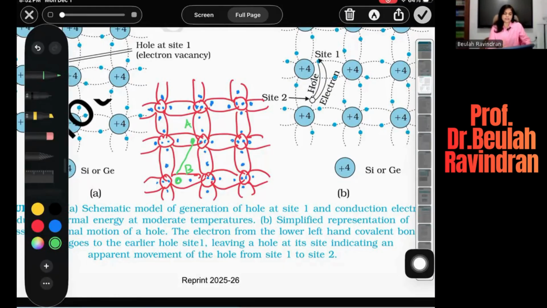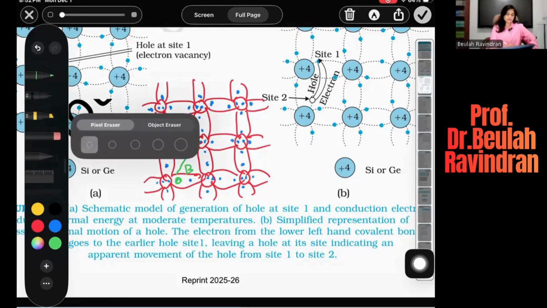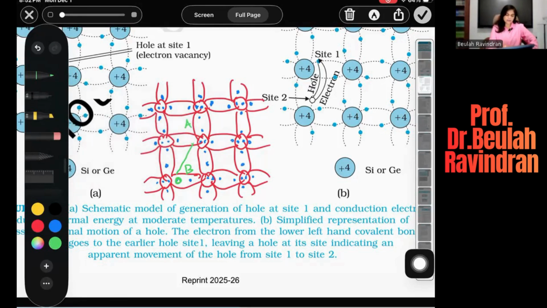Now, after the electron reaches this hole, what will happen? The B site achieves the electron, or the electron is recombined in that hole, and the A site is left as a hole.